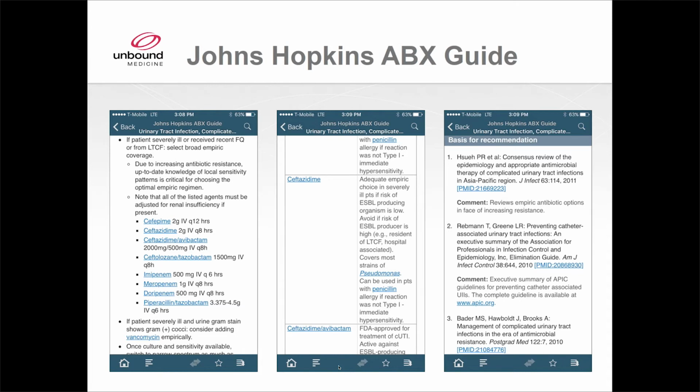We also like to give some quick advice as if you might have an ID consultant right next to you. Why would you use ceftazidime? Most times people would just give one or two quick mentions in this setting, and that's really what we try to capture, to give sort of a real clinical flavor to it, not just a bug and drug guide. And then we also have recommendations.